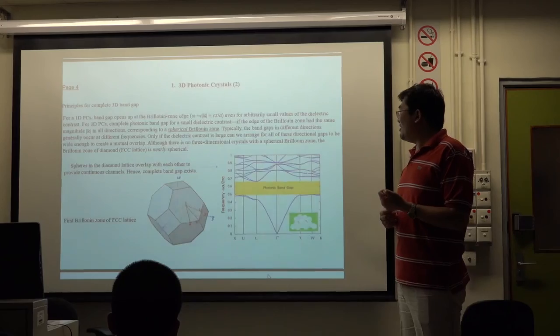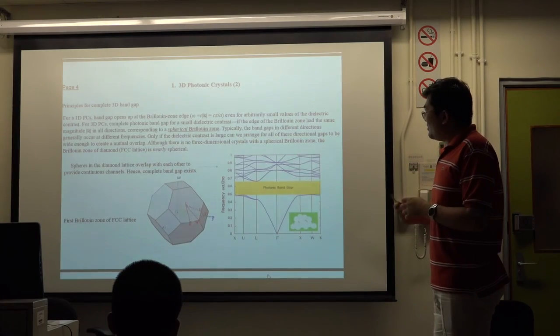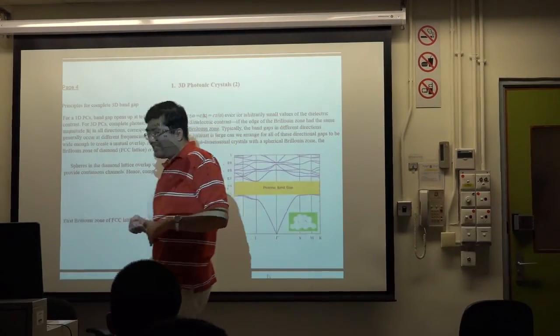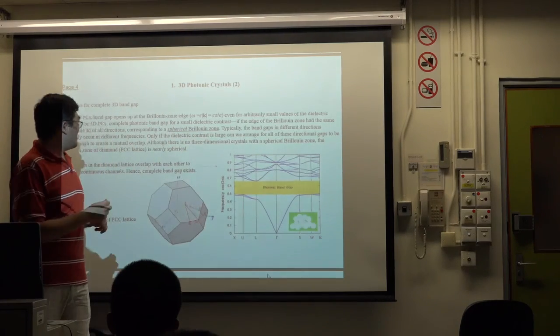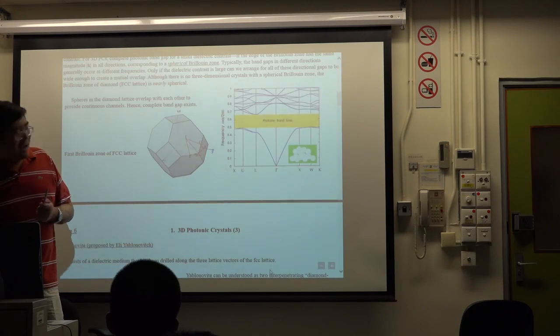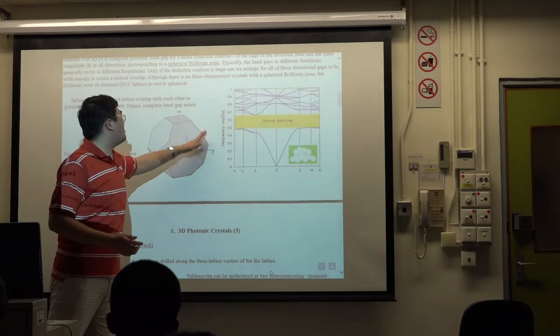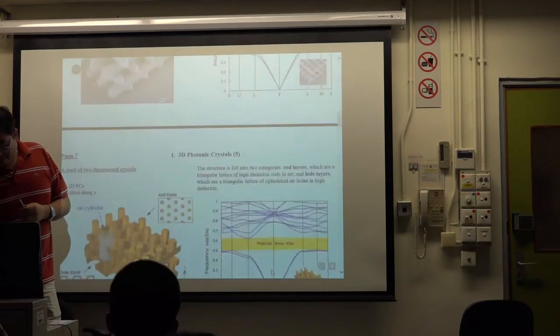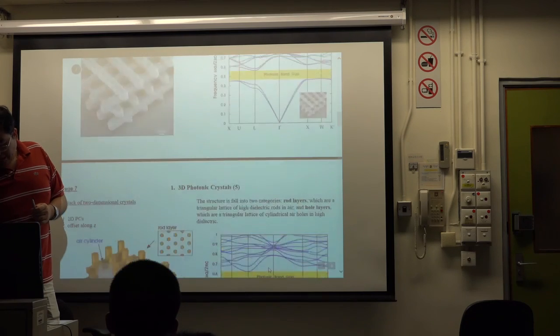I believe a lot of books do not talk about this because it's very complicated. I just give an intuitive picture. It's the FCC. They cut the plane, and you can see they cut the plane like this. So this is the diamond structure.